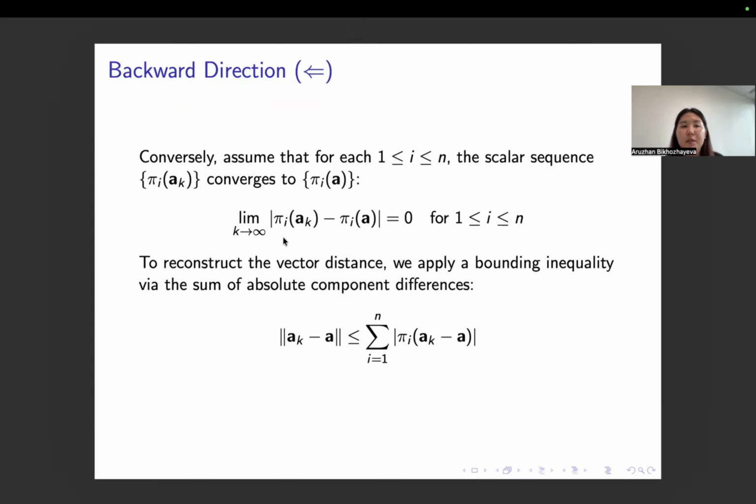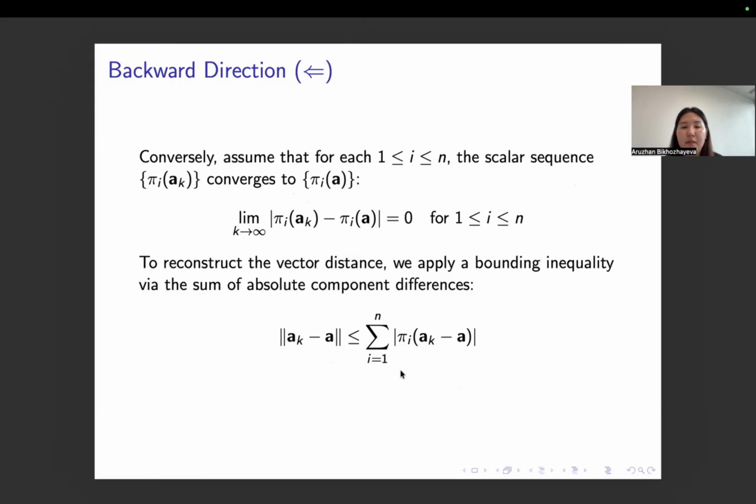Now we prove the opposite, backward direction. So assume that every coordinate converges. We now want to show that the entire vector converges. Instead of looking at each coordinate separately, we compare the Euclidean norm with the sum of the absolute coordinate differences.